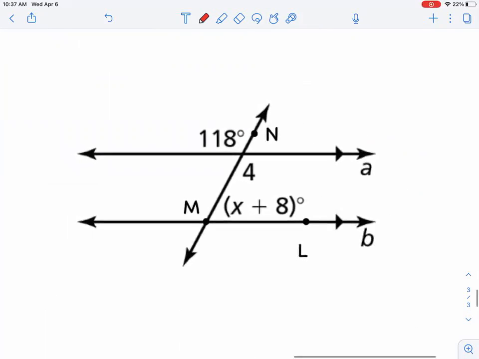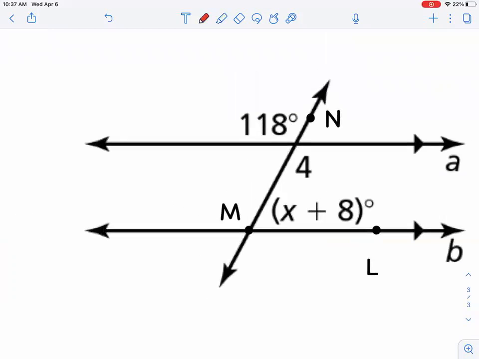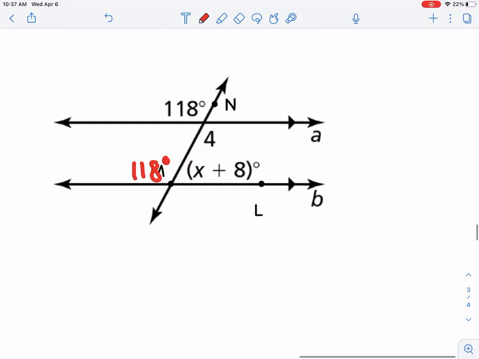So first, I'm looking at this picture and we're given that this is 118 degrees. I know the lines are parallel because they have the markings on them. So if that angle is 118 and that's in the upper left corner, I know that this angle must also be 118 because this guy corresponds to that.